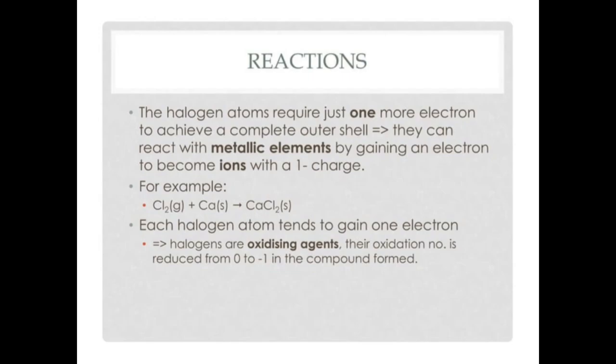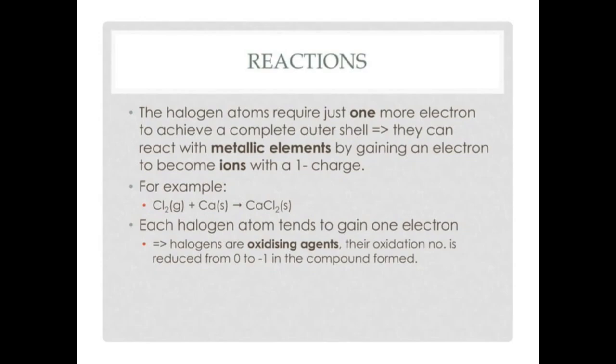They gain electrons easily. An example you see there is chlorine reacting with calcium. Chlorine can also react with sodium to form sodium chloride. They are going to be ionic compounds. They react with metallic elements, especially group 1 and group 2. Please take note, to form ionic compounds.